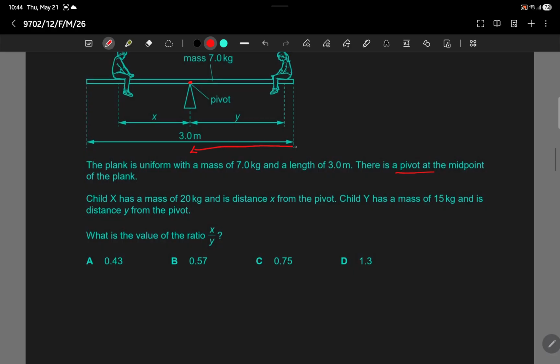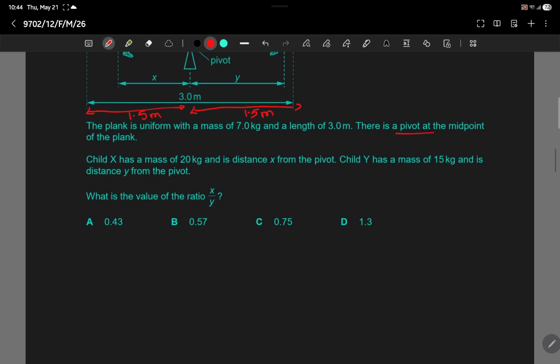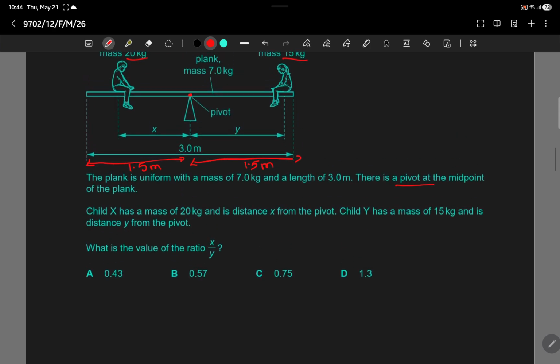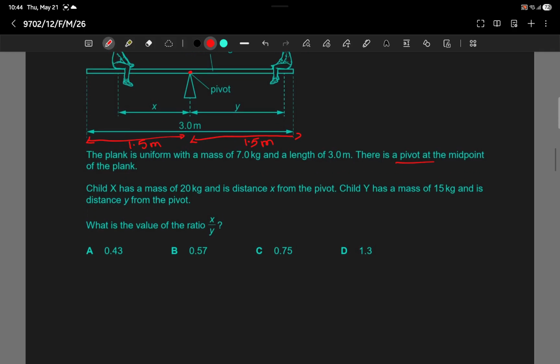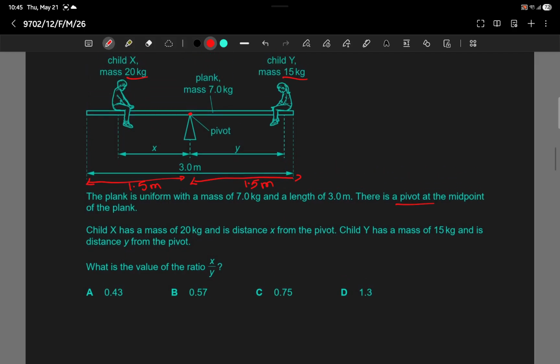From here to here is 1.5 meters. From here to here is again 1.5 meters. Now, child X has a mass of 20 kgs, distance X from the pivot. Child Y has a mass of 15 kgs and distance Y from the pivot. What is the value of the ratio X by Y?